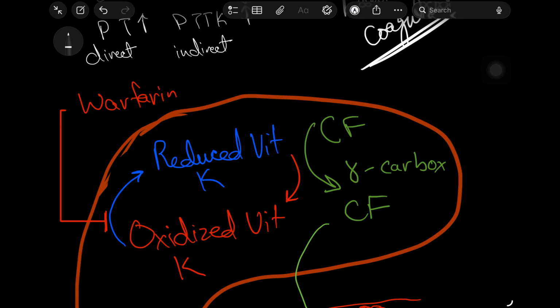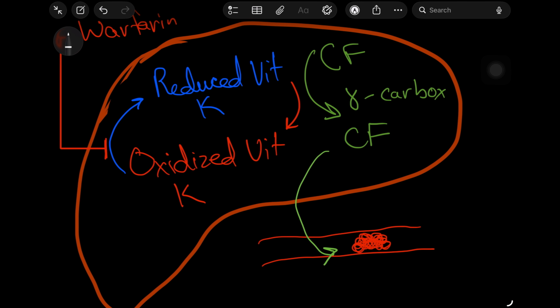And what that does basically is it allows the positive calcium ions in the blood to bind to these negatively charged groups and basically allows a calcium bridge. So the clotting factors are on one side, the calcium ions attach to these carboxylate groups and also attach to the negative phospholipid surface of the platelets.